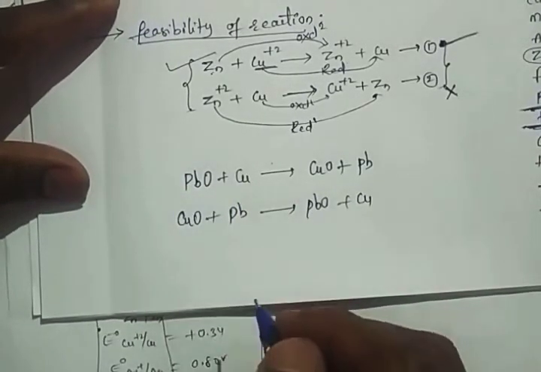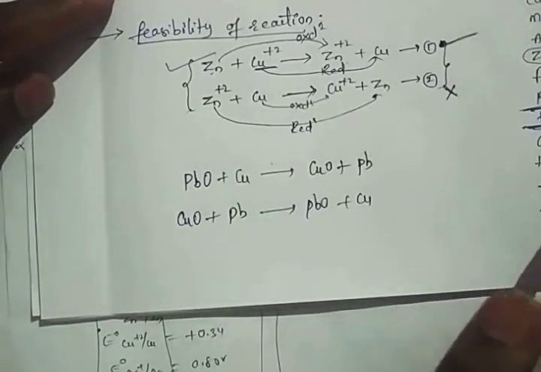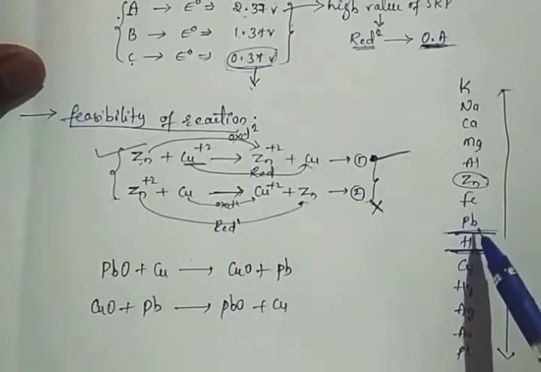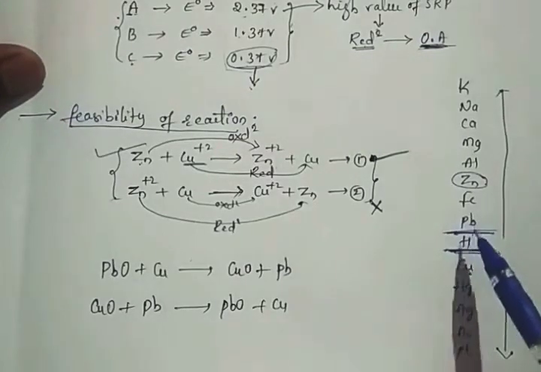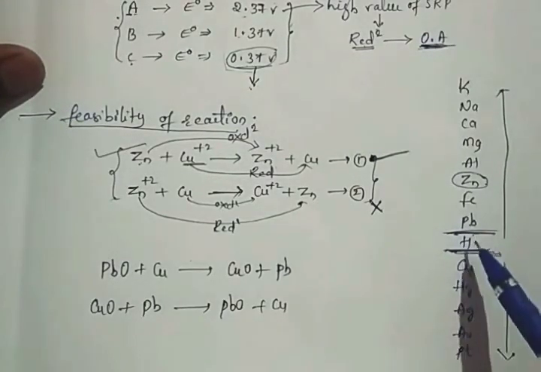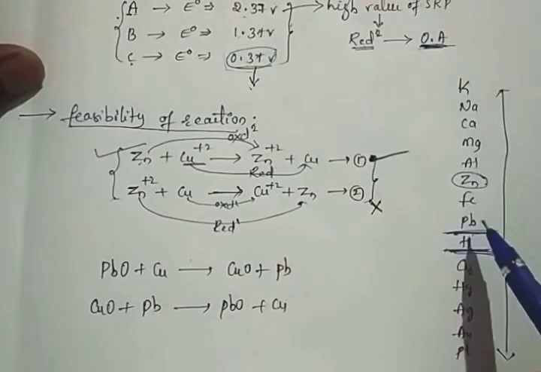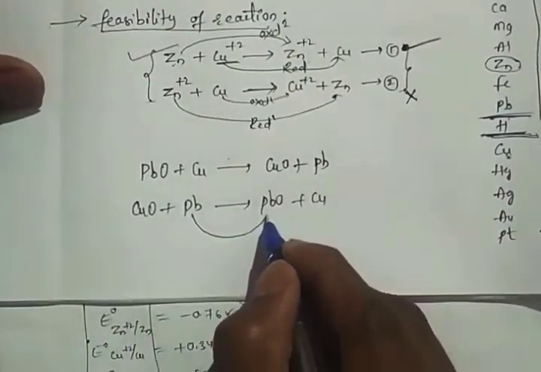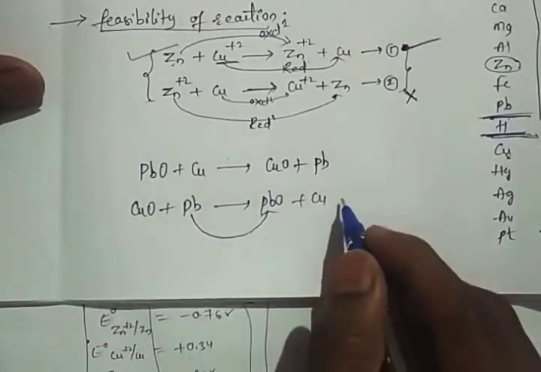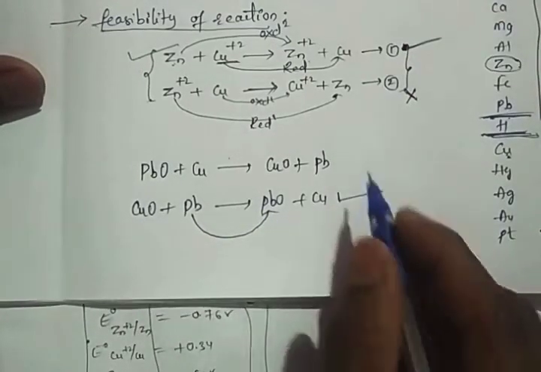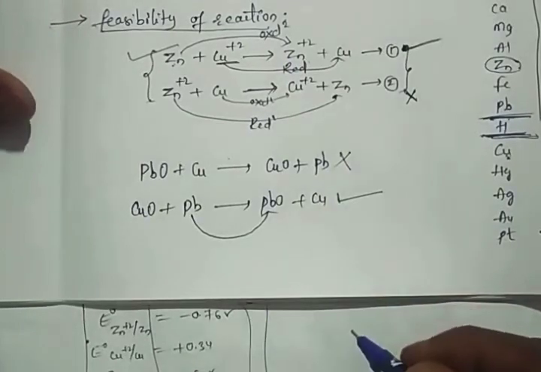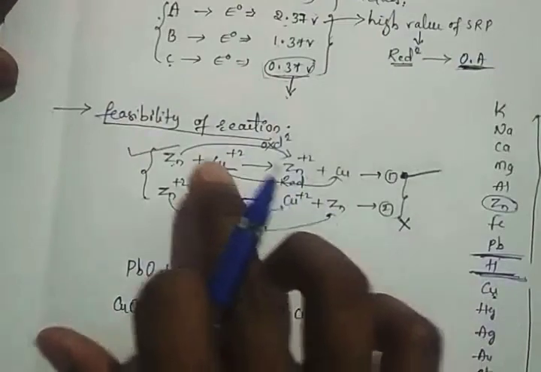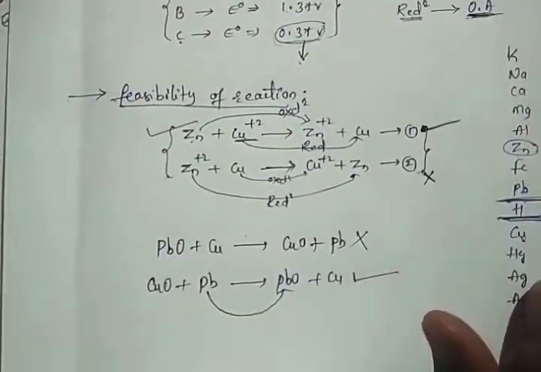Look at the reactivity series: lead is present above hydrogen, whereas copper is present below. Copper is less reactive, lead is more reactive. So lead undergoes oxidation and copper undergoes reduction. This one is feasible and this is not a feasible reaction. So the feasibility of a reaction we can predict based upon the reactivity series.